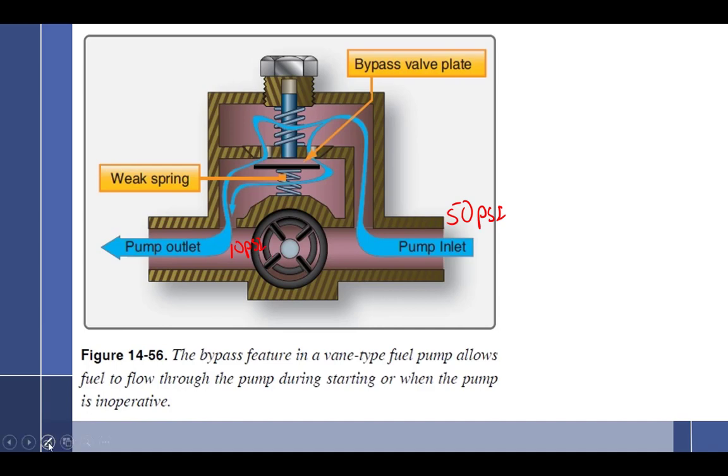Then this pressure here is not enough to build up and push this up. So everything from the boost pump is going to come up through here and mix with this. And then when this pump gets to 50.5 psi, this pressure here is greater than the pressure there, and so it pushes it up. Well, honestly, the pressure here plus the spring is greater than this, then it will push it up. Now, how does that come into play with this?